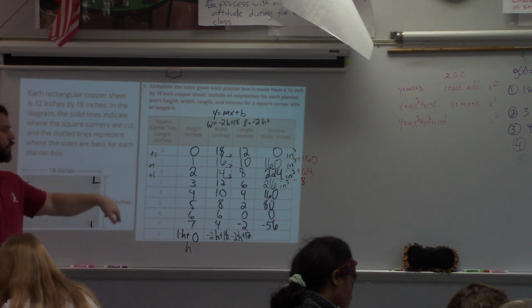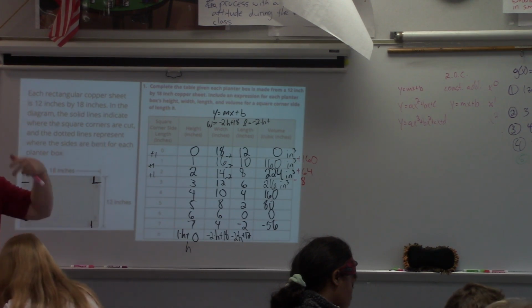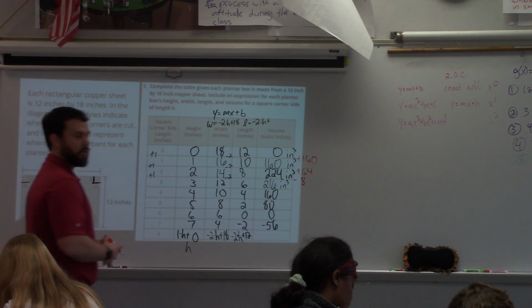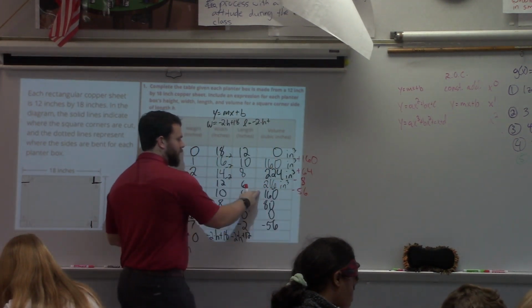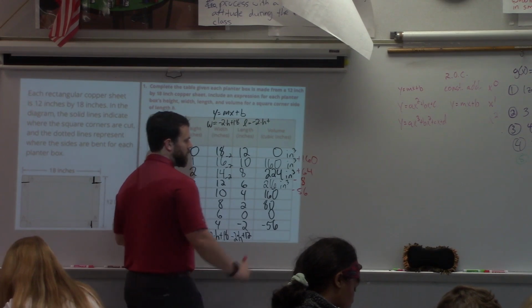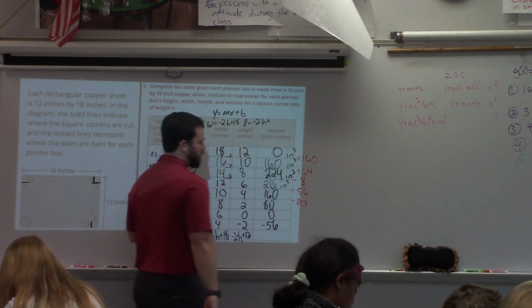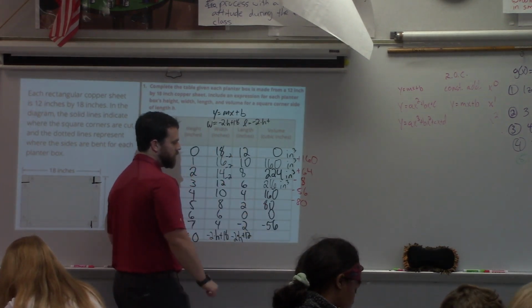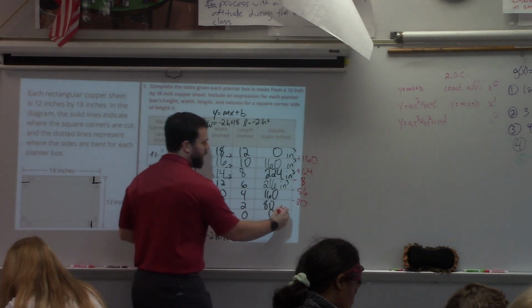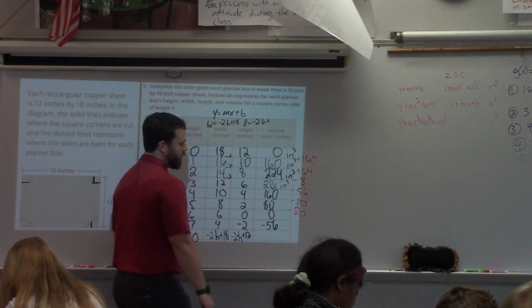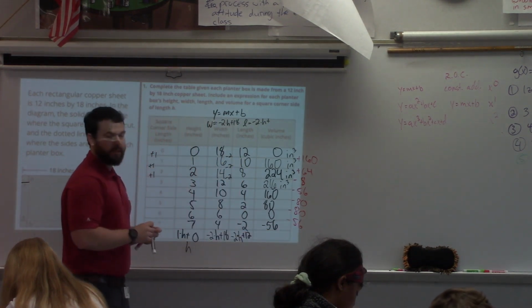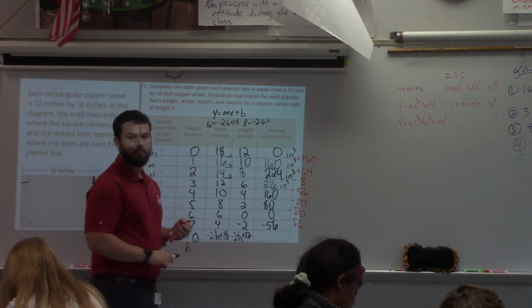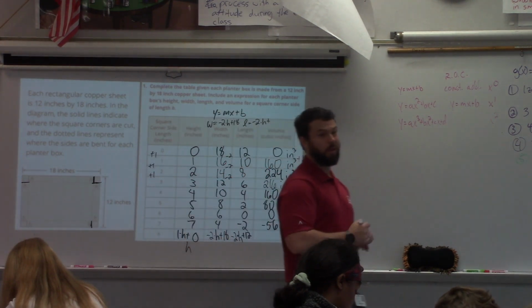Now 216 to 160 means I'll do 160 minus 216 for negative what? Negative 56. 160 to 80, negative 80. 80 to 0, I think it's still subtracting, isn't it? And then minus 56. There does not appear to be a pattern there. But we've got to keep going because it's supposed to be a quadratic additive.